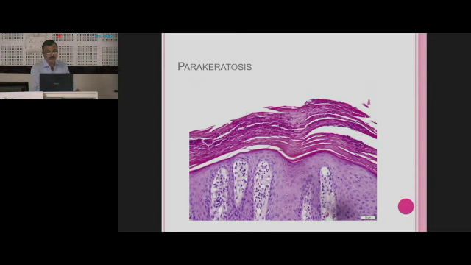This is known as the sandwich sign, where you get basket weave keratin, that is the normal keratin layer, then neutrophils, and then the parakeratotic layer. Whenever you observe such an arrangement, you must lower your condenser and look for fungal hyphae or go for a special stain.